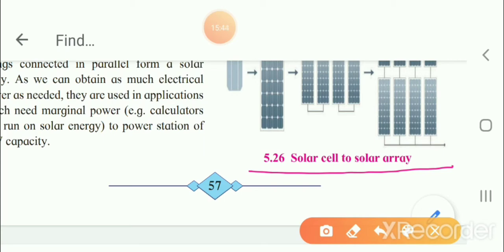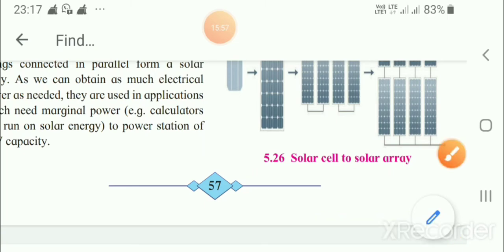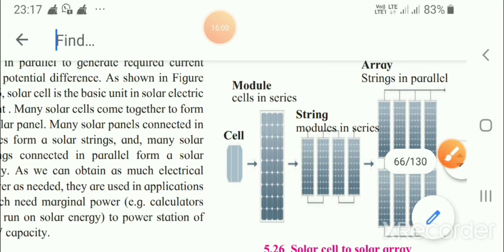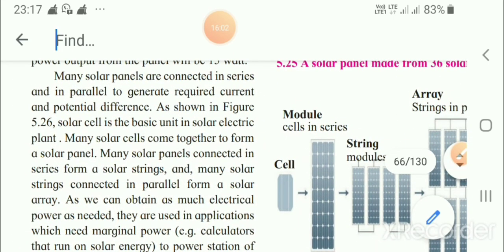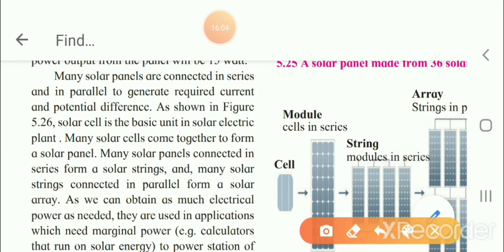Then solar panels are made. Then solar panels are connected in series and parallel, and this way solar arrays are made. So here we can see how many solar panels are connected in series and in parallel to generate the required current and potential difference.